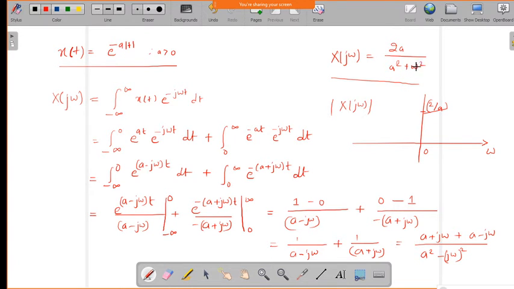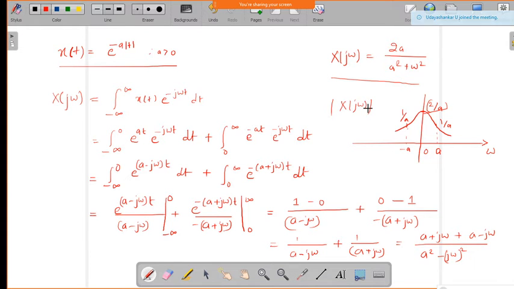If you put omega equal to plus a, it becomes 2a by 2a square, which gives 1 by a, and similarly it goes on decaying. On the negative side also it decays, and at minus a it again gives 1 by a. So this is the spectrum of this signal.